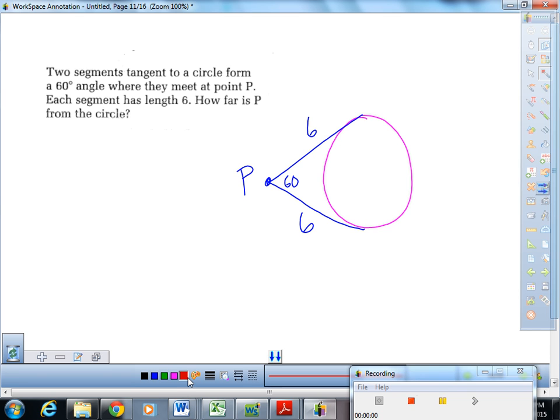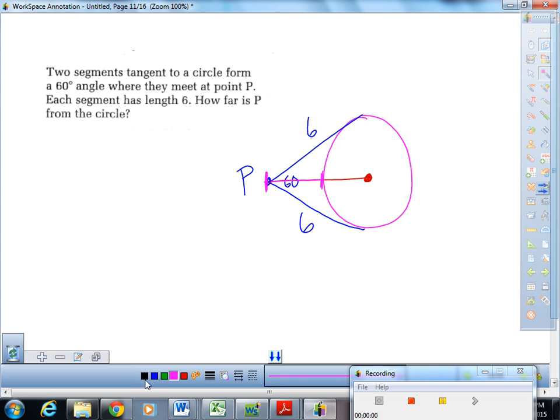How far is point P from the circle? Now keep in mind, not from the center of the circle, from the circle. So they're actually looking for the length of that segment. Does everybody understand that? That pink segment from here to here is what they're looking for.